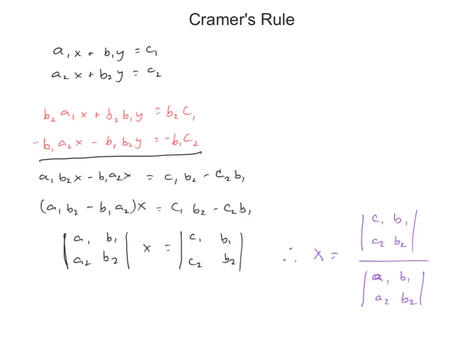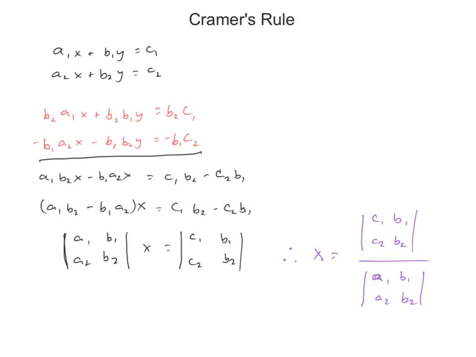So the determinant of that matrix times x equals the determinant of the matrix c1, b1, c2, b2. And so x is equal to the determinant of c1, b1 over c2, b2, all divided by the determinant of a1, b1, a2, b2. That's x. The same thing can be done for y.